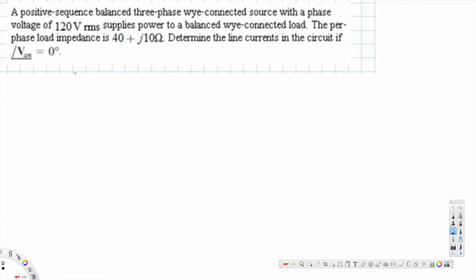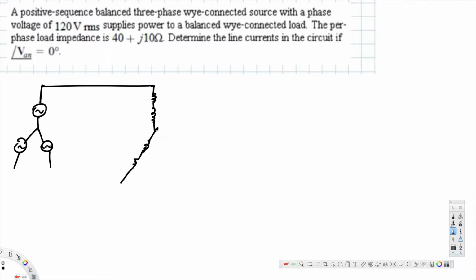Okay, now let's go ahead and draw the Y circuit, because all of them are given in three-phase Y connected source. So we are going to draw the Y circuit. Y circuit is going to look like this. Here we have impedance, connected with this.